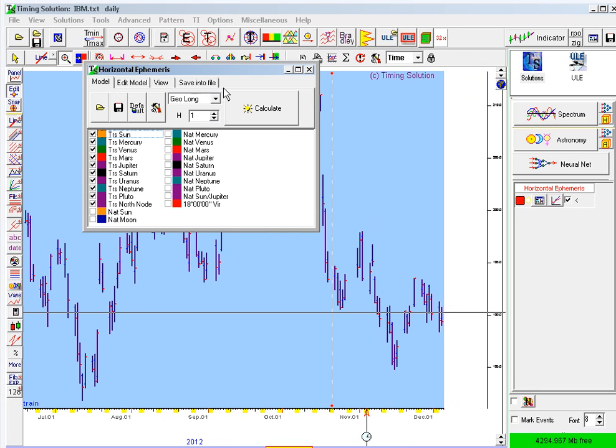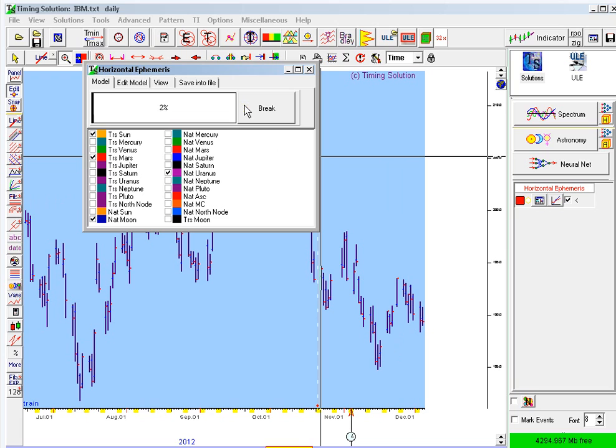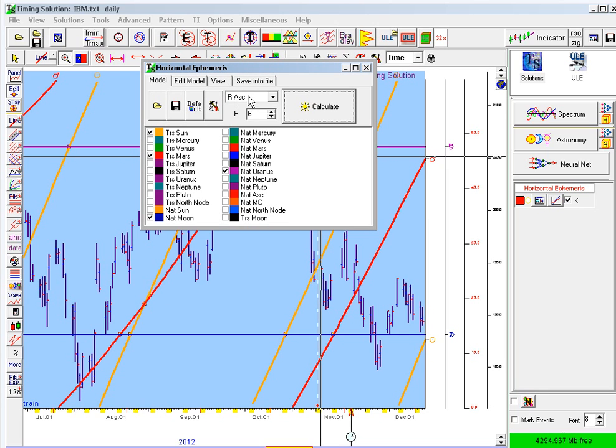Horizontal ephemeris. Let me open her up. Let's start with right ascension. Let's calculate it. And we have 4 planets we want to look at. In right ascension land, 6th harmonic again. Sun is our trigger. And this time Mars instead of Venus, because we noticed Mars is pretty significant.